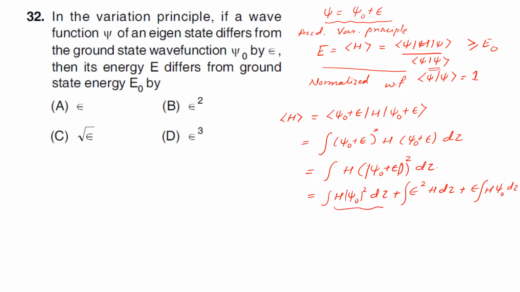So the value of the first term represents the ground state energy, plus epsilon square H d tau plus epsilon H psi naught d tau. Therefore the total energy differs from E naught by epsilon square. Therefore the answer is epsilon square.